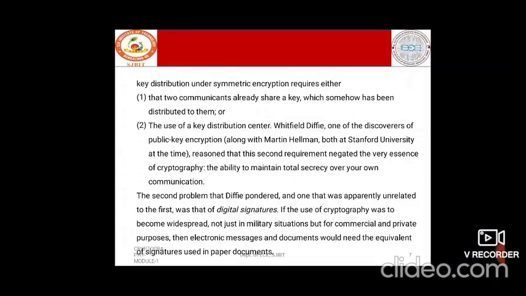In fact, some form of protocol is needed, generally involving a central agent, and the procedures involved are not simpler nor any more efficient than those required for symmetric encryption.